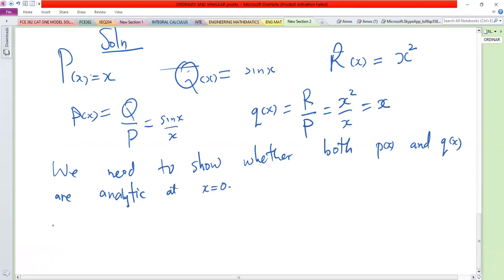So observe that small p of x is given by sine x over x.